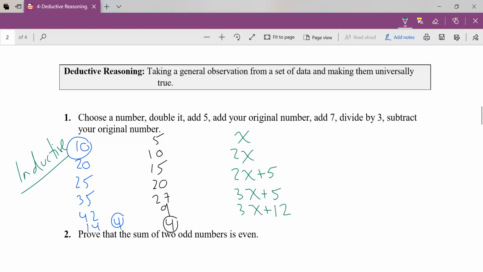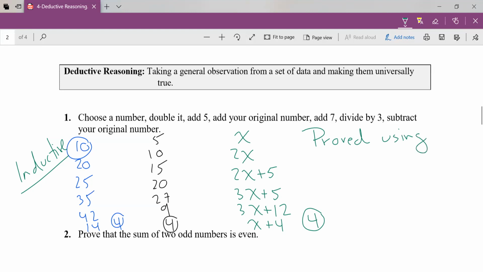Divide by 3, that is X plus 4. And then subtract your original number. X plus 4 minus X is, guess what? Just 4. So what I just did here was prove my conjecture using deduction.